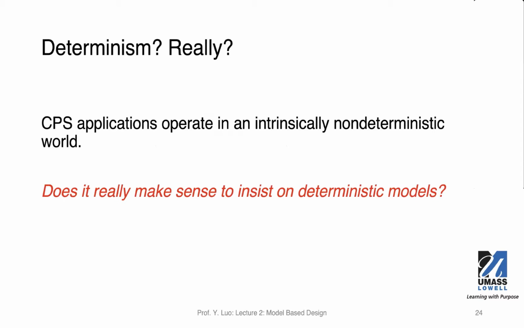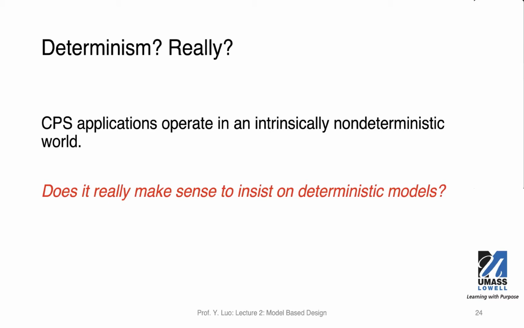CPS applications operate in an intrinsically non-deterministic world because a lot of things happen at the same time. In a factory, you have sensors, you have actuators, you have events that will happen out of order or unexpectedly.